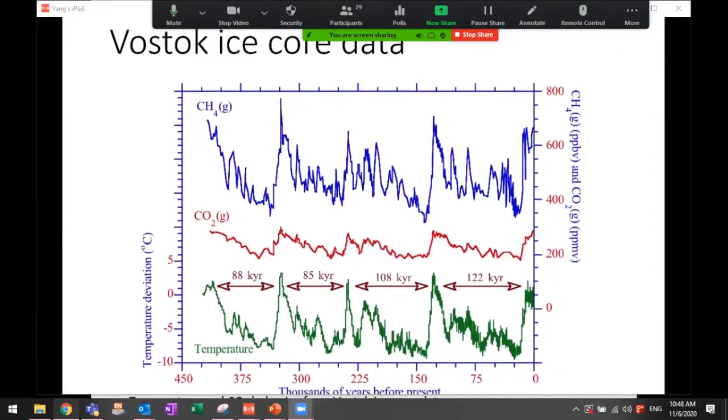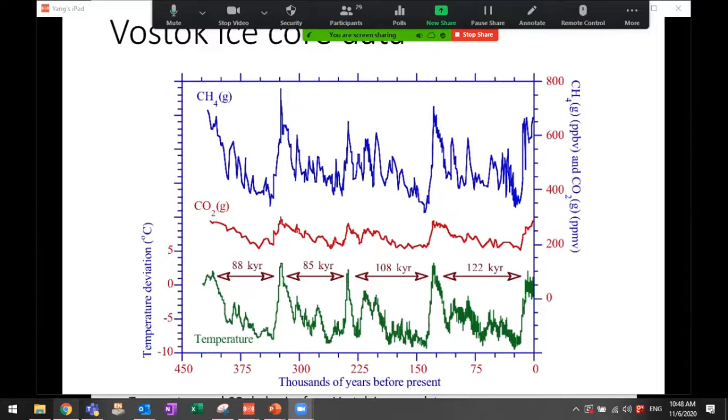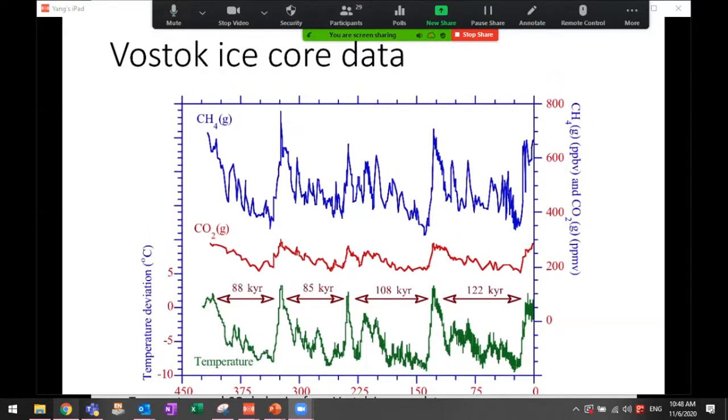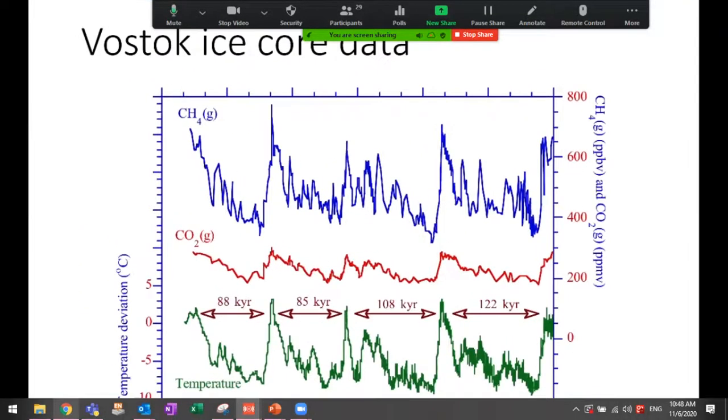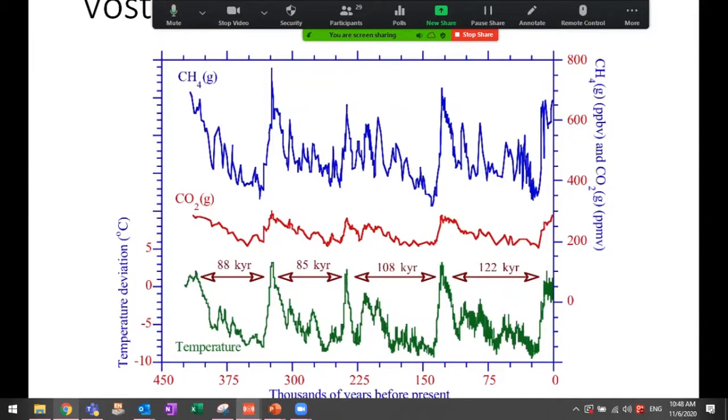And here is more information about this ice core data. Not only are we plotting the carbon dioxide, we also have the methane here. Methane is also a warming greenhouse gas, right? You can see that the temperatures and the gas concentrations correspond really well in the long history of our Earth.